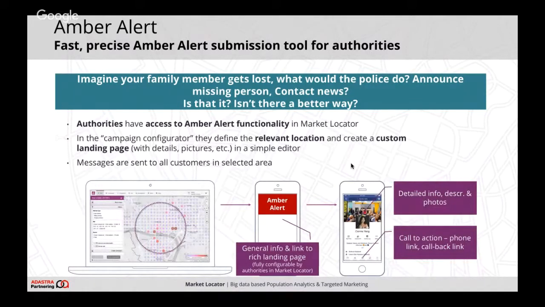So authorities could have access to Amber Alert functionality, which provides them the opportunity to deliver messages in a certain area with a lot of information about the person that went missing, and the possibility to get back very quickly and inform the authorities that this person has been found or where they can be found.